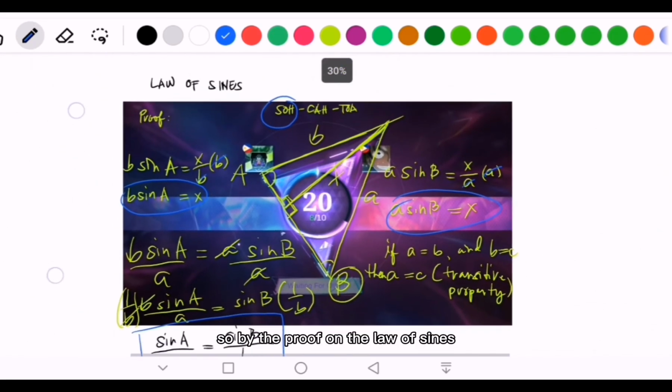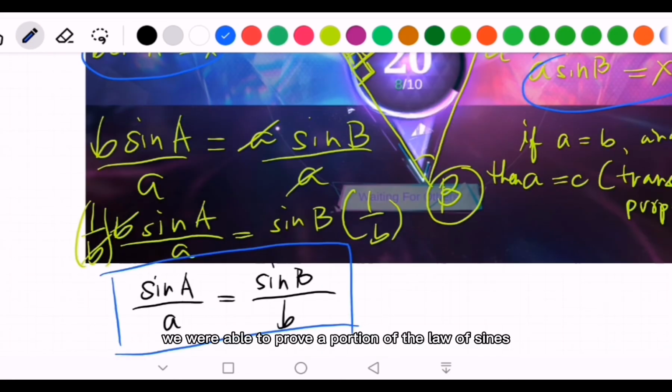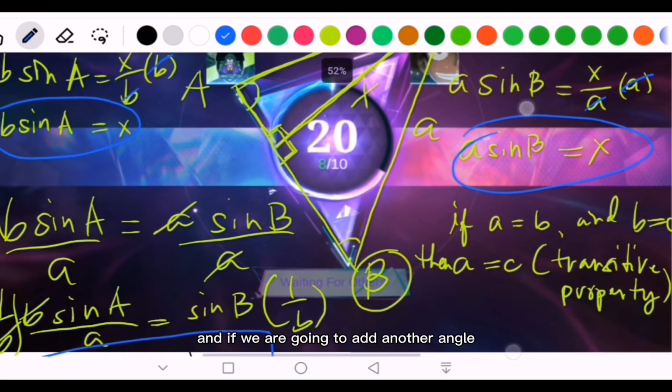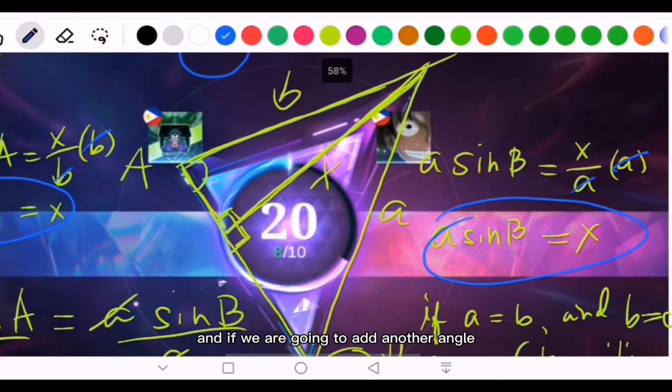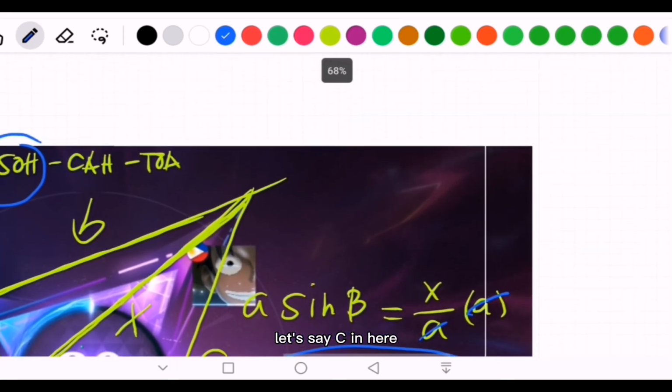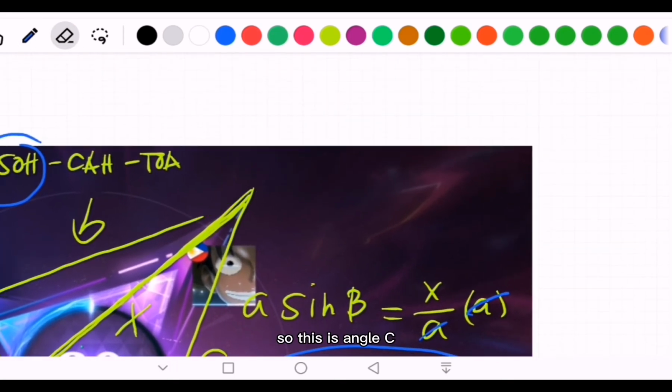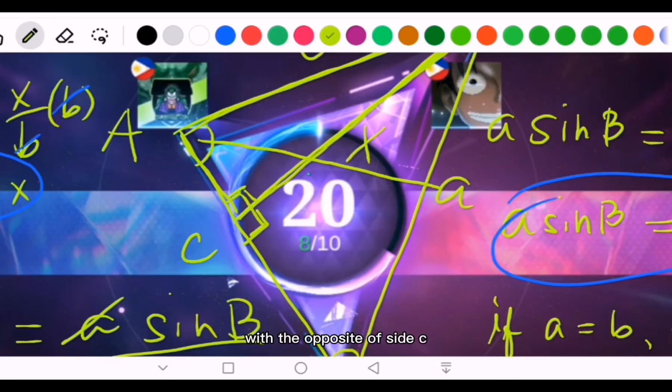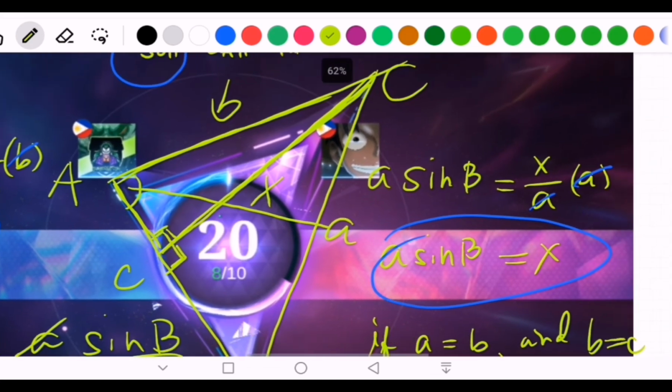So by the proof on the law of sines, we were able to prove a portion of the law of sines, which is sine A over a is equal to sine B over b. And if we are going to add another angle, let's say C in here, so this is angle C with the opposite side c.